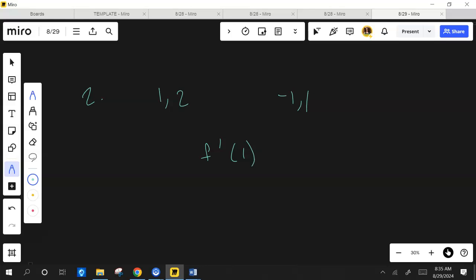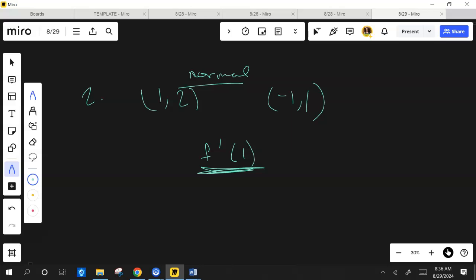All right, let's read it carefully. The line normal to the graph of f at the point 1, 2 passes through the point -1, 1. So this is the normal line. 2 points on the normal line. But what it's asking me for is the tan line.